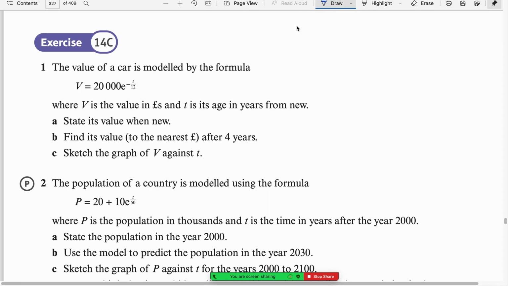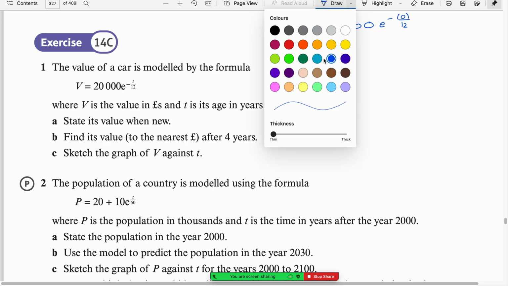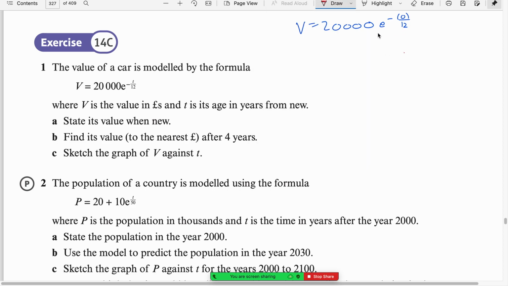So when it is new, time is actually 0, negative 0 divided by 12. So without using the calculator, I can say that this part in this block is 1. So 20,000 into 1 is 20,000. So when it is new, the value is 20,000 pounds.